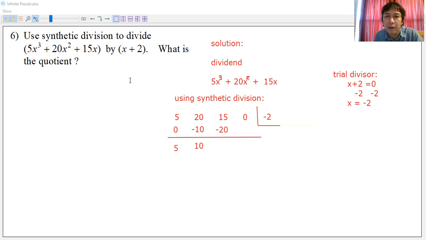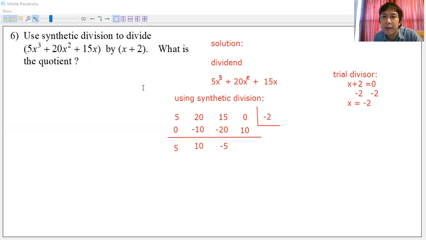Then this is our third addition. This results to negative 5. Negative 5 there. This will be our third multiplication. Negative 5 by negative 2 is a positive 10, written below the last number, at the last column.